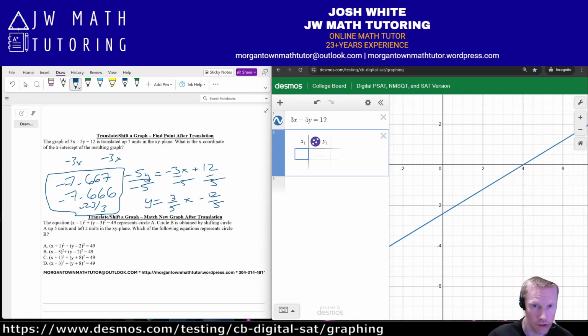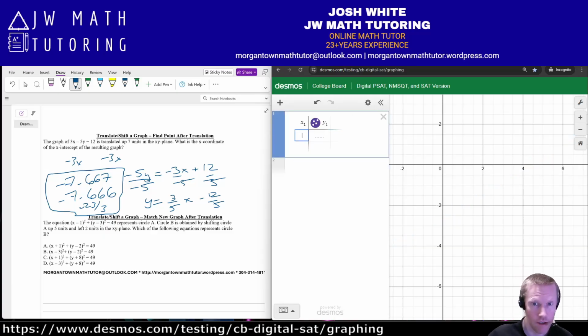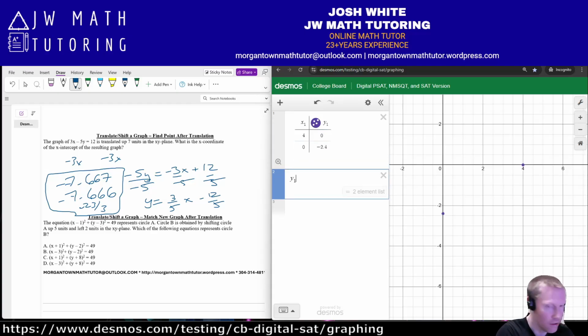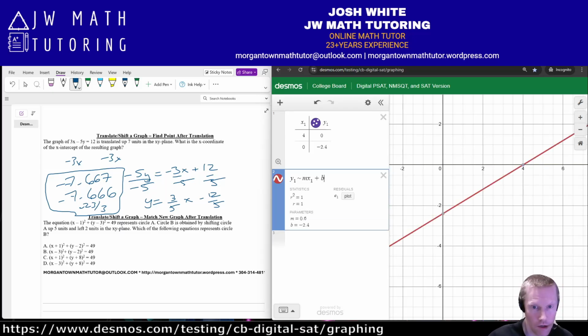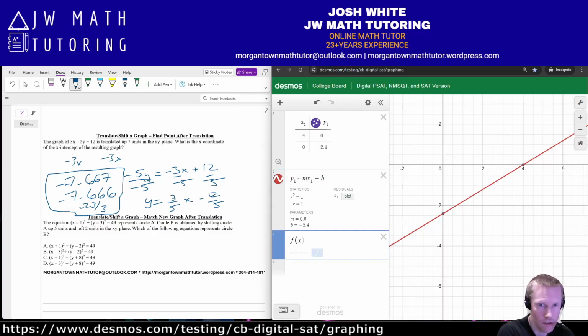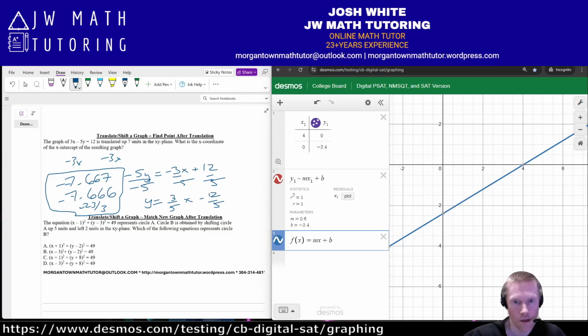So for the first step, if you don't want to do this by hand, just go to the table and put in the 2 points. Okay, now we have the equation of the line. So now what I would do, and let's see if this works, I can type the function like this because it's just carrying over the stored values of m and b.